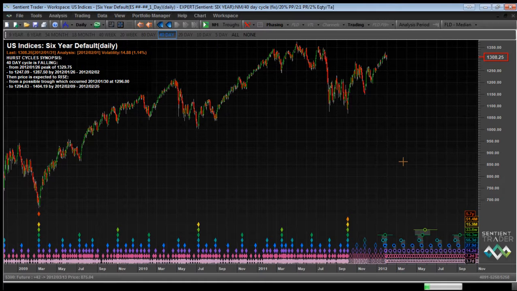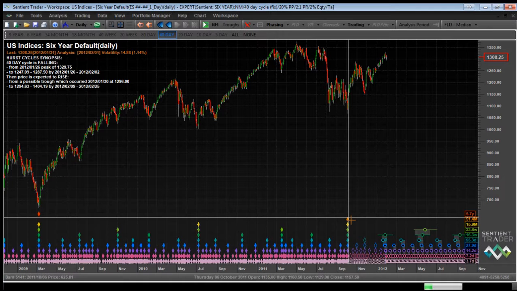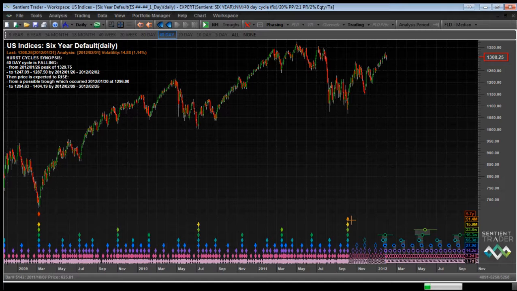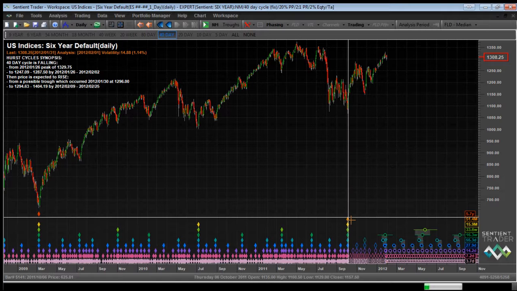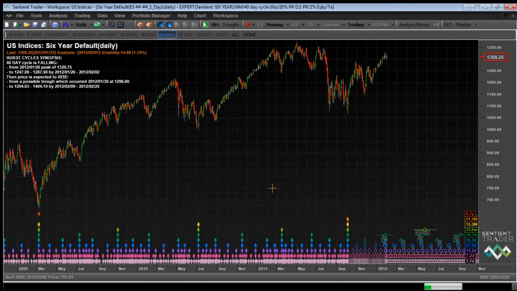So just to wrap up this part of the discussion, let's take a look at what has happened since 2009. In both of these markets. There we go. March 2009 up until today. Of course, as you know, I am of the opinion that a 4.5-year cycle trough did occur in October of 2011.